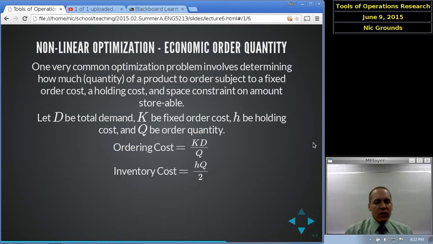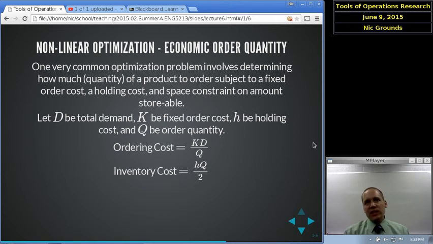What's called the inventory cost involves that H, or that holding cost. And this gets a little more complicated because you have to figure out how many items I have on hand on average. So when I order Q items, I have Q on hand, but I'm constantly selling them. Eventually I run out or come close to running out and I order more.